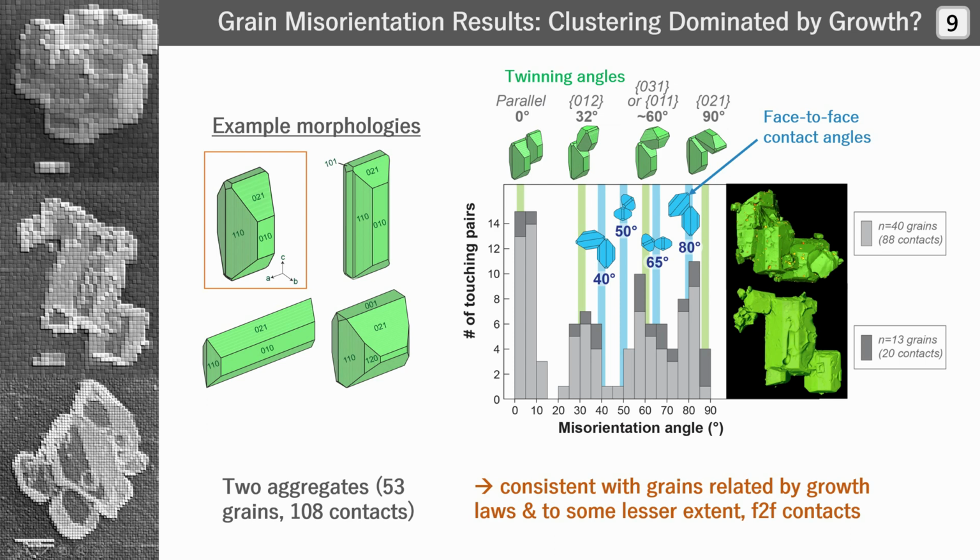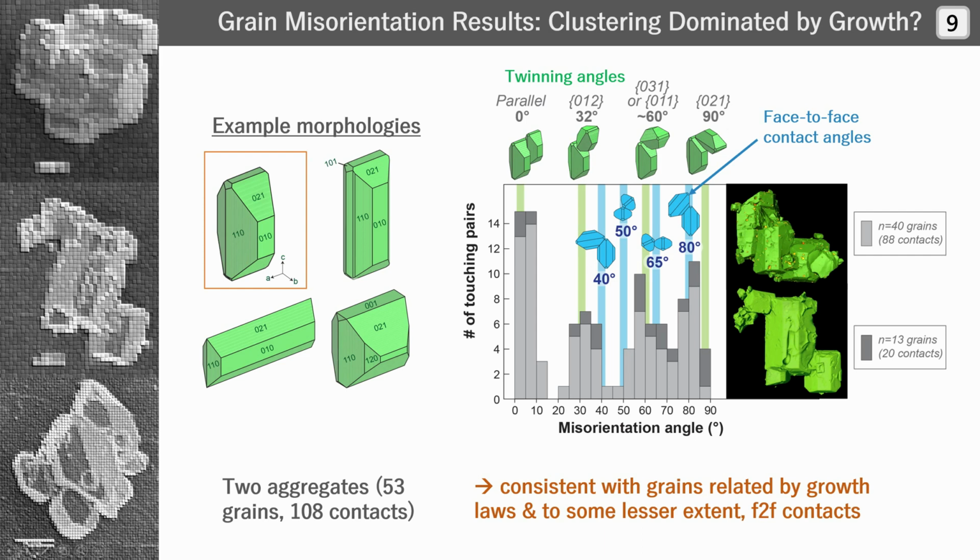I also placed blue bars that might correspond to orientation of grains that are attached via common face-to-face angles. I did forget one for parallel growth, which should also be next to the 0 here. So the blue ones would be more consistent with aggregation and/or synneusis.